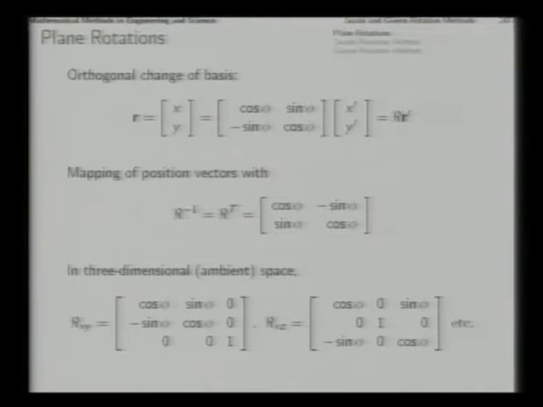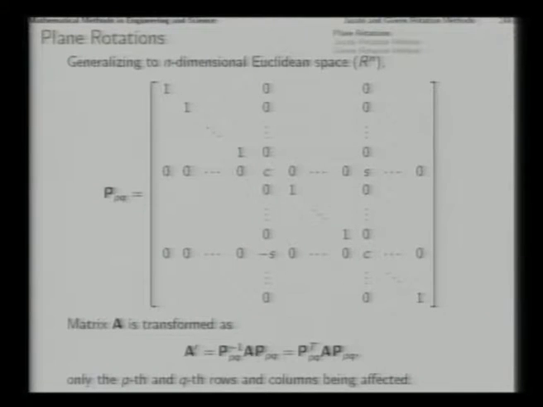So, when we apply this basis change on a linear transformation, it will operate like this, that is, the representation of A in the new basis will be A prime, which will be this basis matrix inverse into A into this basis matrix, as we have been seeing all the time. And now, since this matrix is orthogonal, a fact which you can establish very easily, you can replace this inverse with transpose, right.